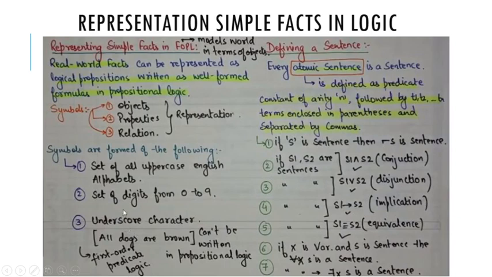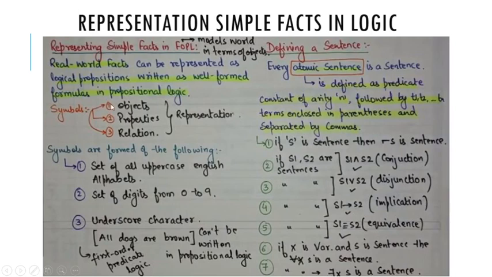That means, suppose here one sentence is there, that is, all dogs are brown, right? So this can be written in propositional logic, as we have already discussed in the previous session, that we need to use conjunctions, disjunctions, then negations, like that, right? So for the third thing, we need to represent it as an underscore character, and it will use first order predicate logic, right?